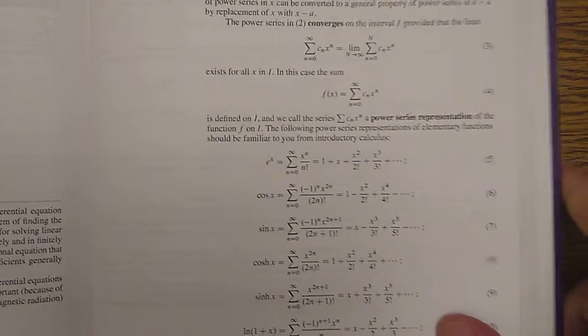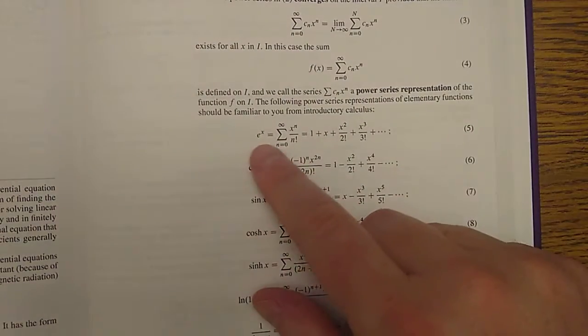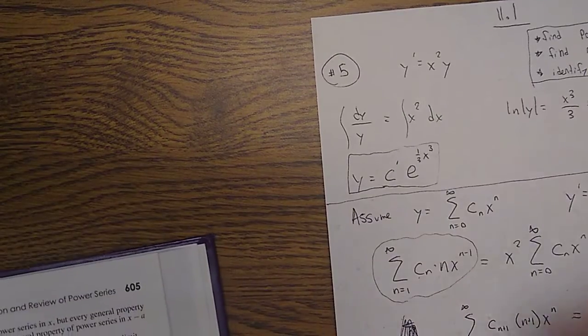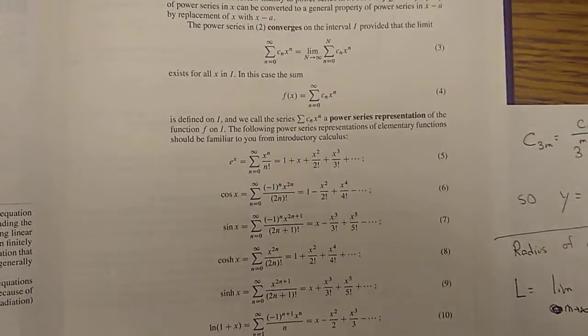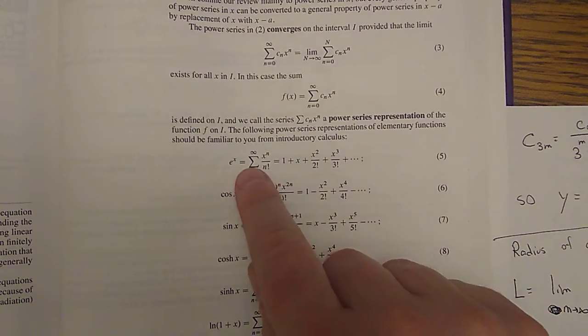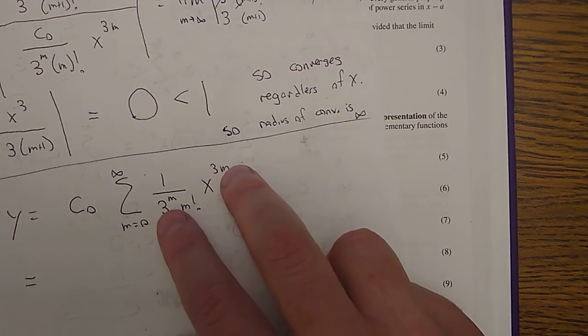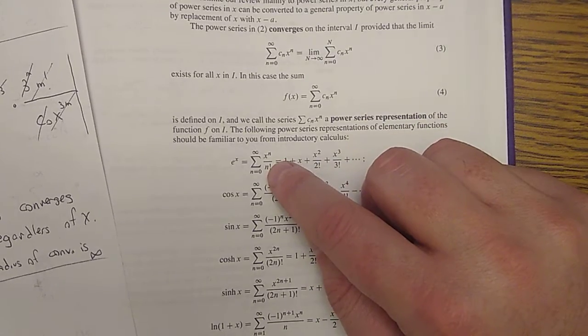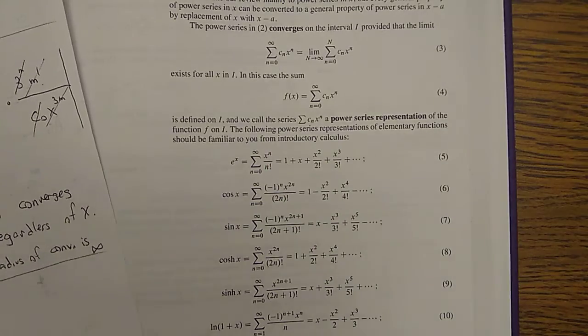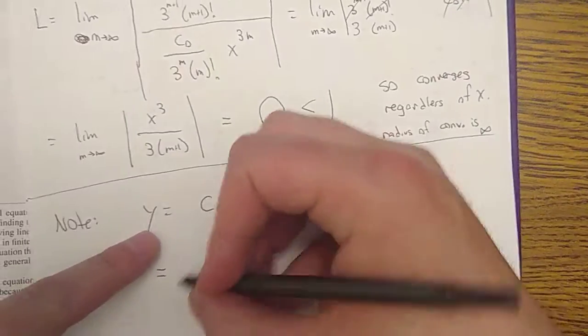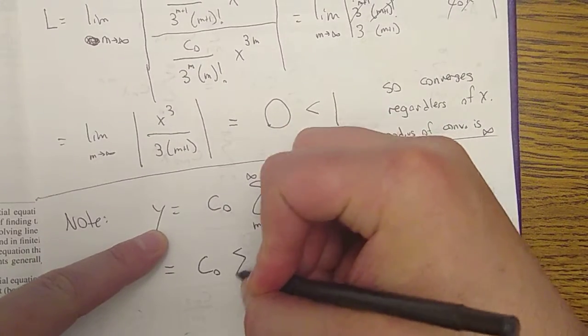Yep, here are our old friends. Here's e to the x. I know this is relevant because I already know that we're going to have an exponential function. So I'm definitely looking at e to the x. E to the x is this. What I have is this. This has an n factorial in the bottom and an x to the n.